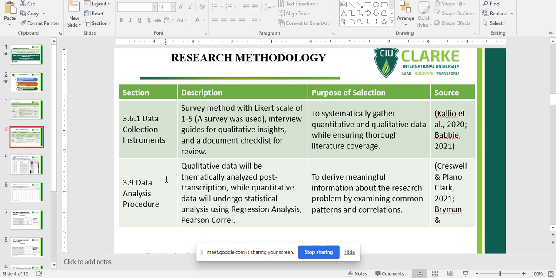Then it also gave us the level of significance, which we based on the alpha value of 0.05.